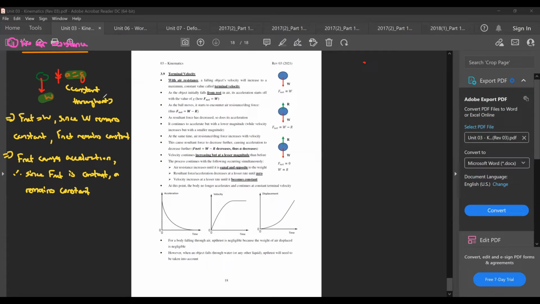Now, earlier one of the things that I mentioned to you was that if your velocity is downwards and your acceleration is in the same direction, you will actually speed up.